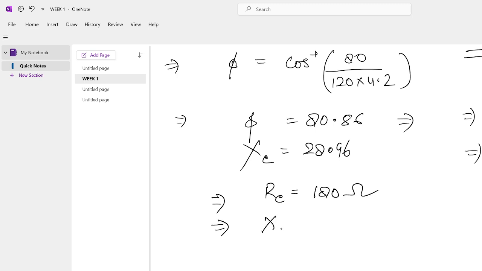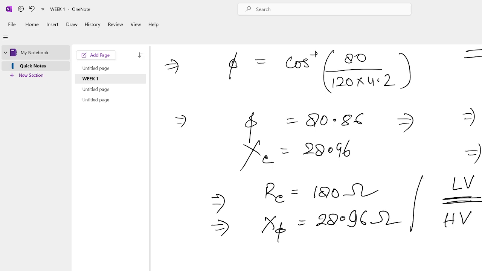Okay, I'll wait for a second. This is 28.96. Remember one thing, that at the low voltage side, these referred values will be low. When someone has asked to refer to the high voltage side, you need to multiply with a square, that is NHV by NLV.